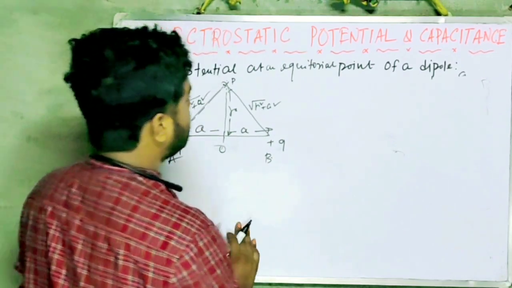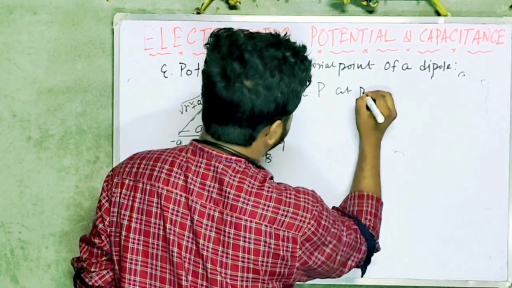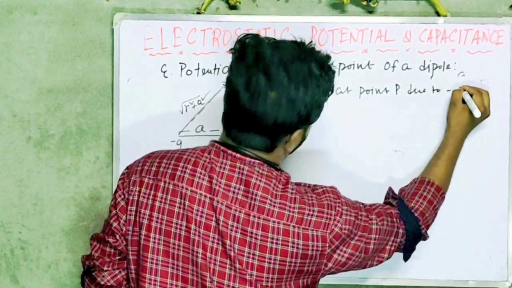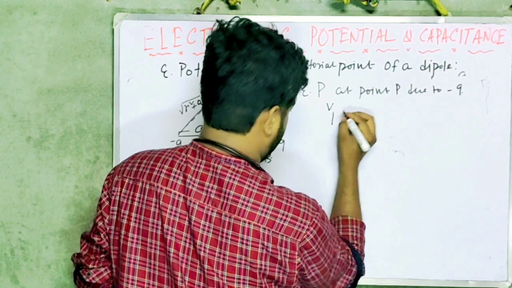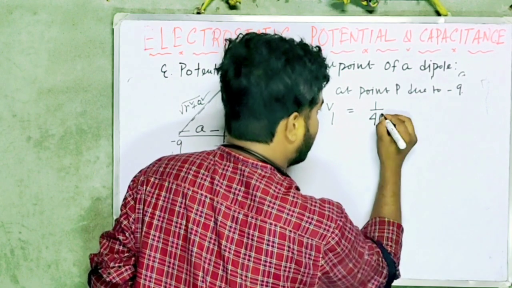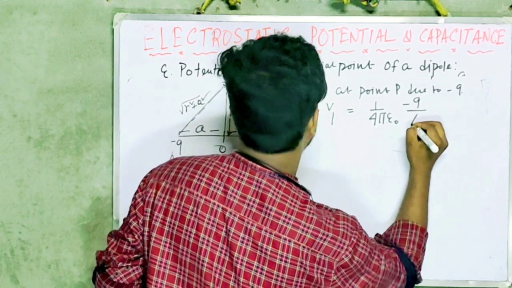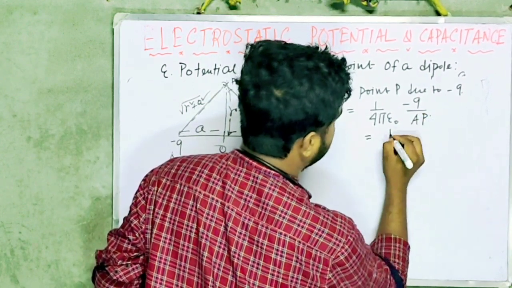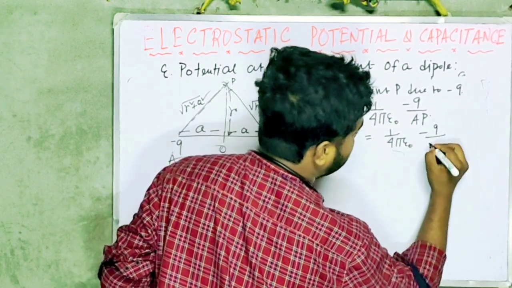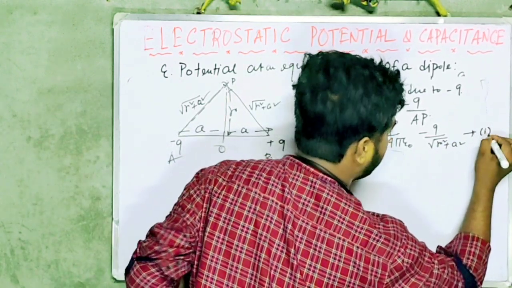So first case, electric potential at point P due to minus Q, represented by V1, the expression will be the same: 1 by 4 pi epsilon naught, the amount of charge by separation, that is 1 by 4 pi epsilon naught minus Q by root under R square plus A square. Clear? This is equation 1.